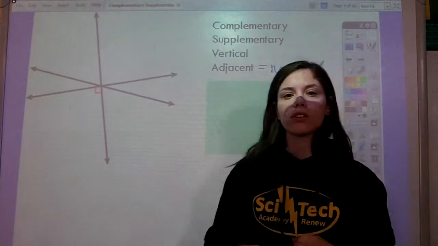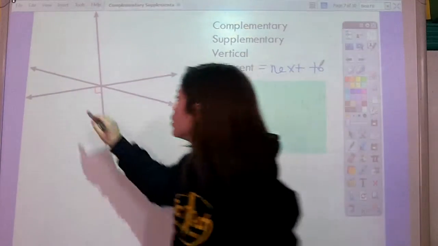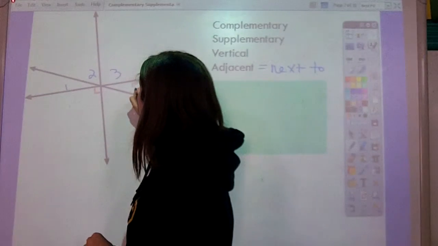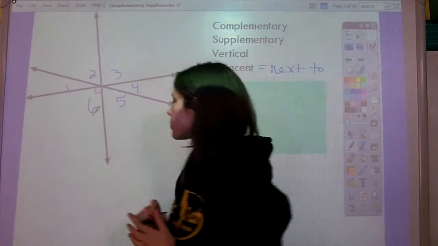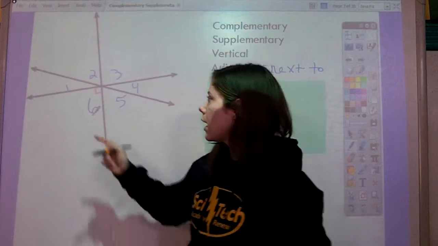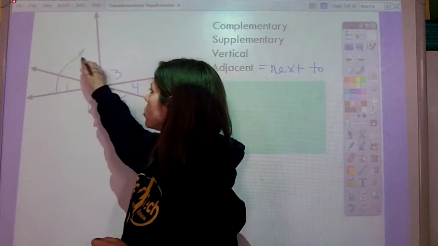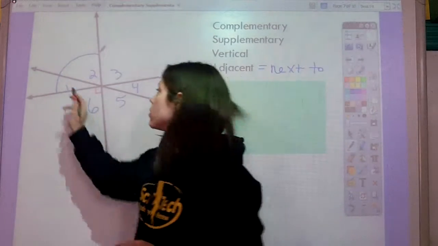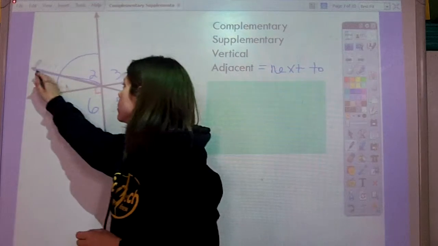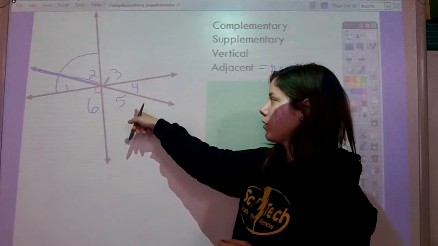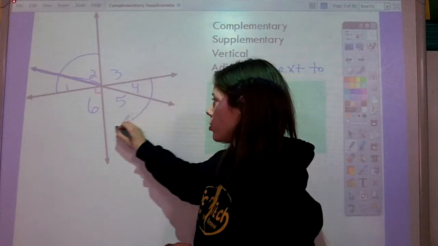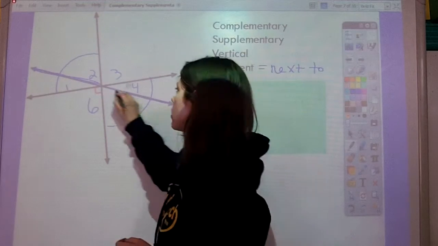So adjacent angles are angles that share a line. So if I number these one more time, angle 1 and angle 2 are adjacent because they share this line. Angle 5 and angle 4 are adjacent because they share this line.